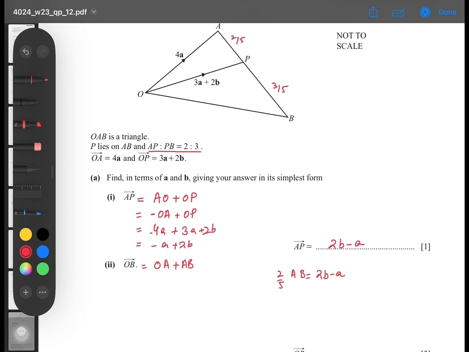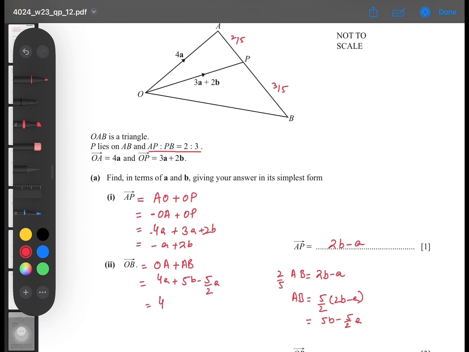So we will find out the value of AB by cross multiplying. So it will be 5 over 2 into 2B minus A. So it will be 5B minus 5 over 2A. Just plug in the value here. Vector of OA is 4A and AB is 5B minus 5 over 2A.